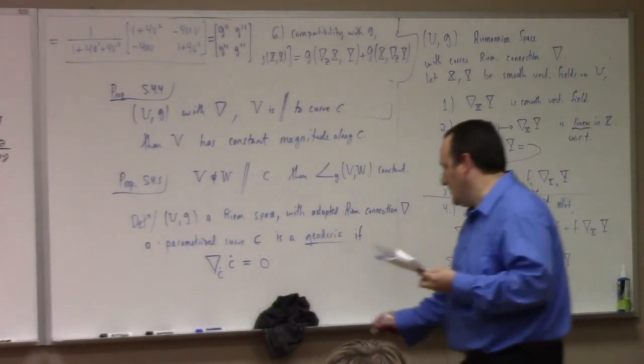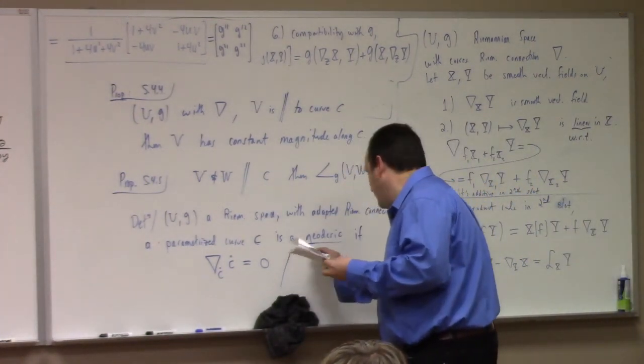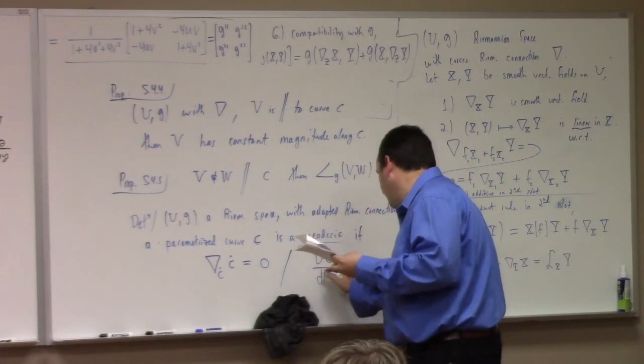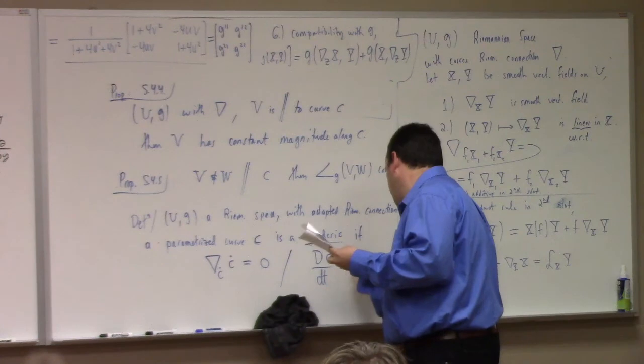Or in the big D notation, that's saying that D of C dot over dt is equal to 0.